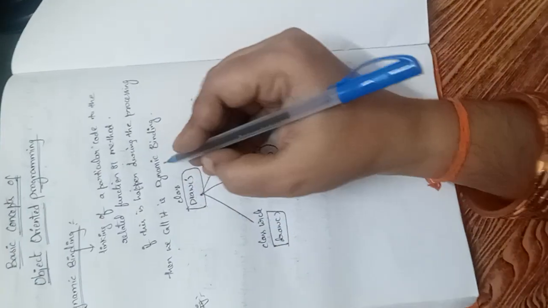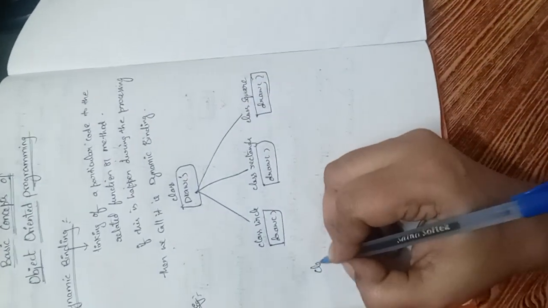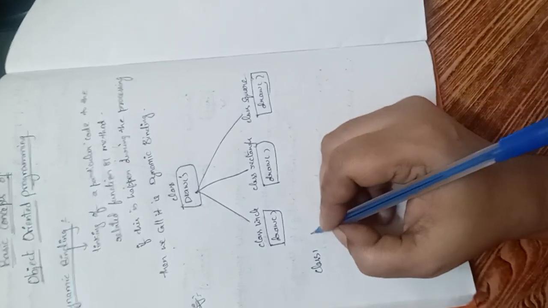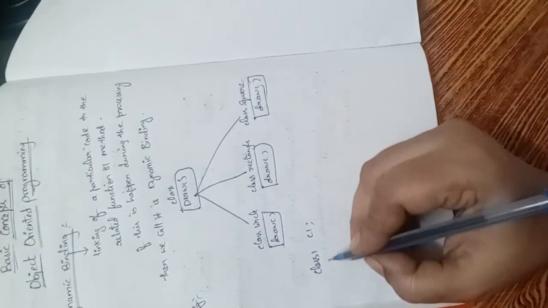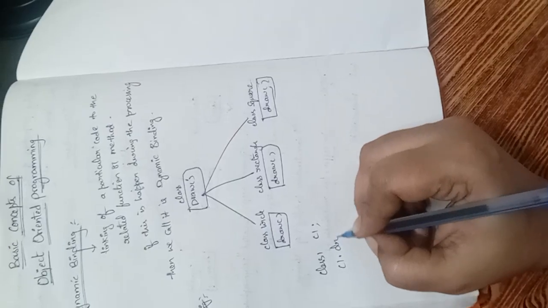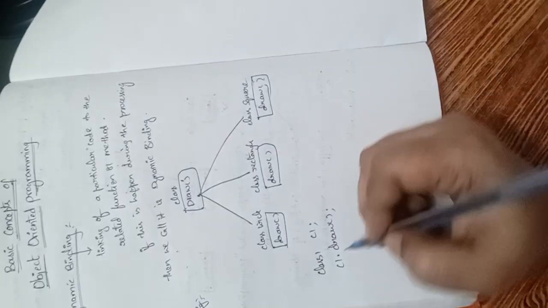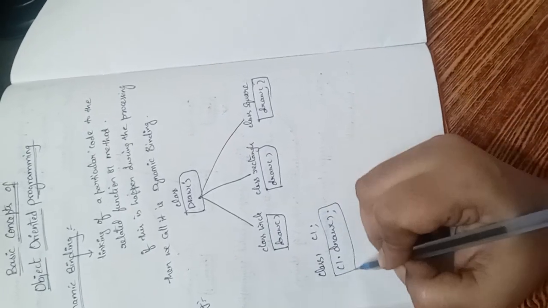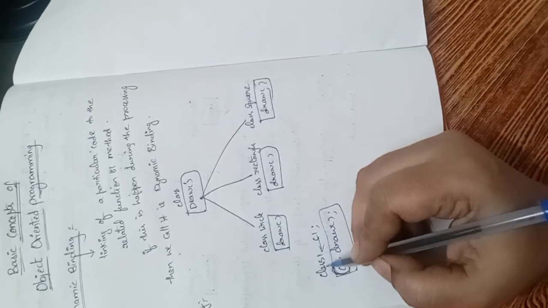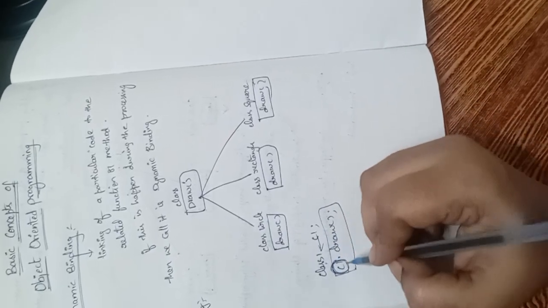Say for example, for class 1 I created one object, that is c1. So if you access c1 dot draw, this is the function call, but here we are specifying the object of the specific, related class.